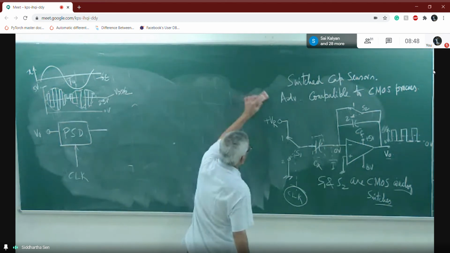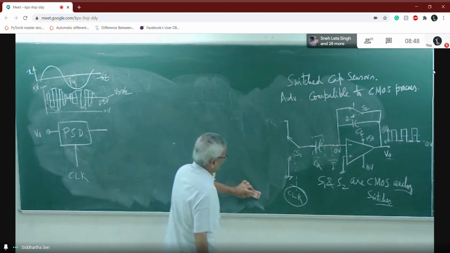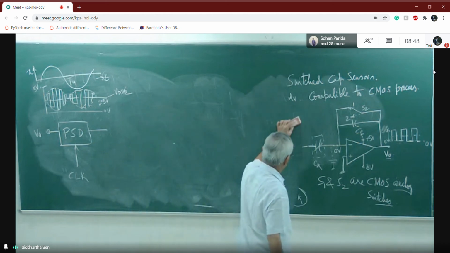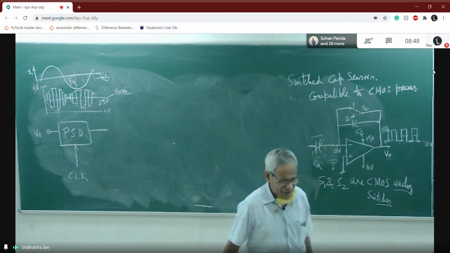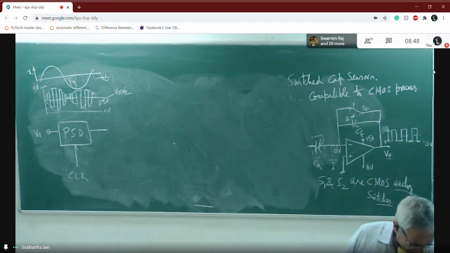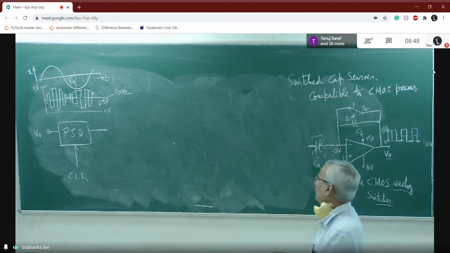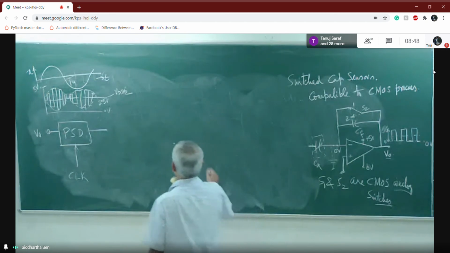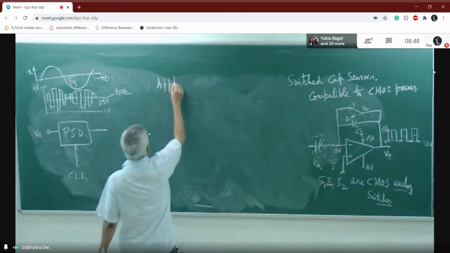So we have seen many applications of this CMOS, I mean the capacitive sensors as well. A few types of application, further applications I can have. For the sensor diagram, I just did it.